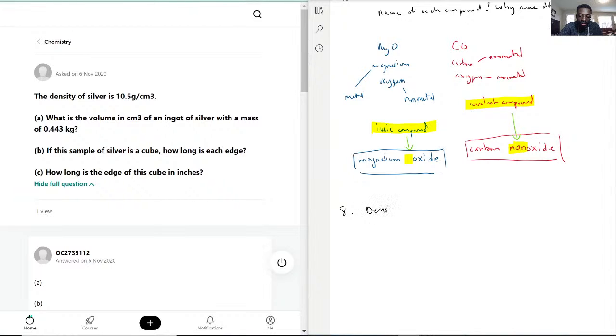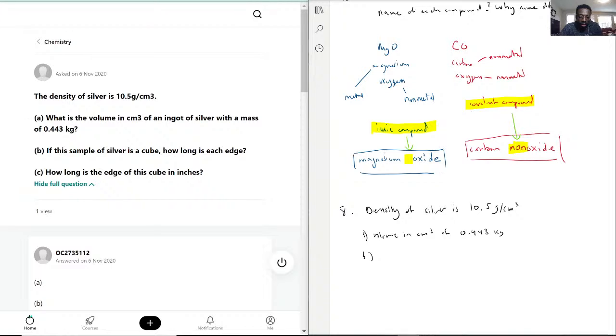the density of silver is 10.5 grams per centimeter cubed. Okay, that is the density. They're asking now for the volume in centimeters cubed of 0.443 kilograms.